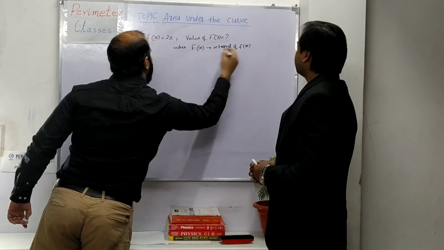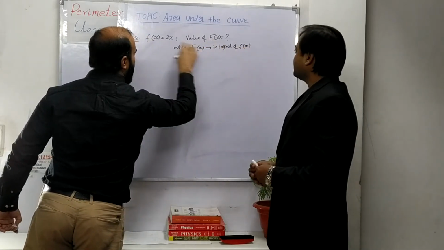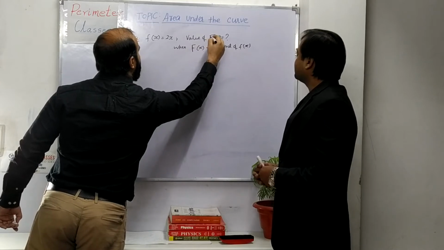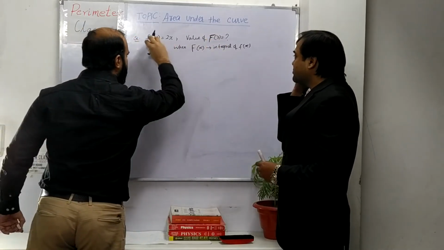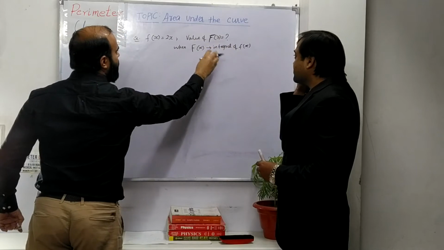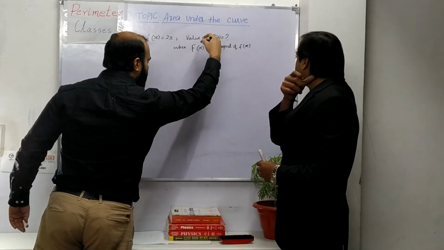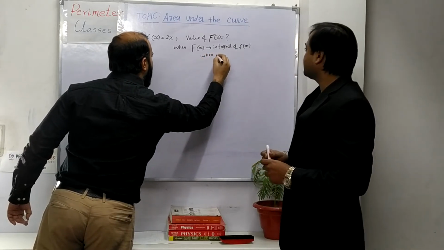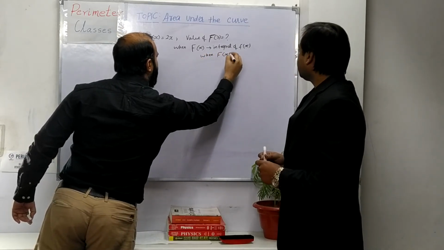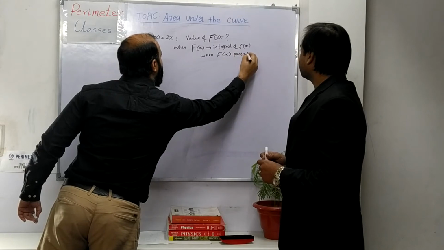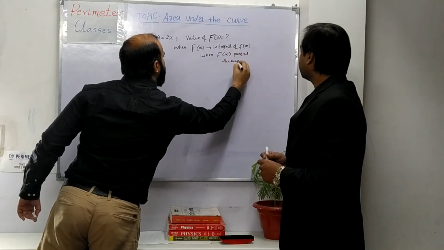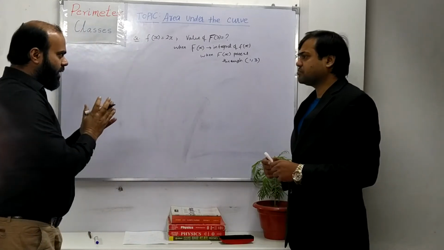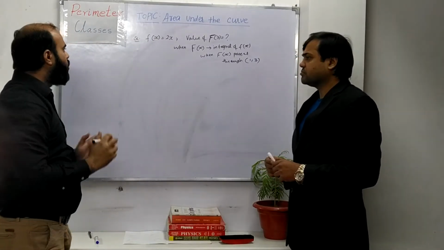Here this is capital F and this is small f, which you can easily understand by seeing them. This integral is a function, and you have to find its value at x equal to 3, when it is given that F(x) passes through the point (1, 3). There are two ways in which one can do this question.